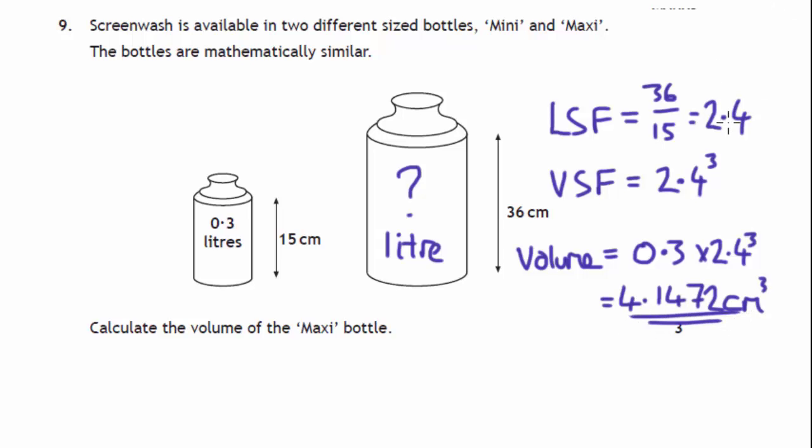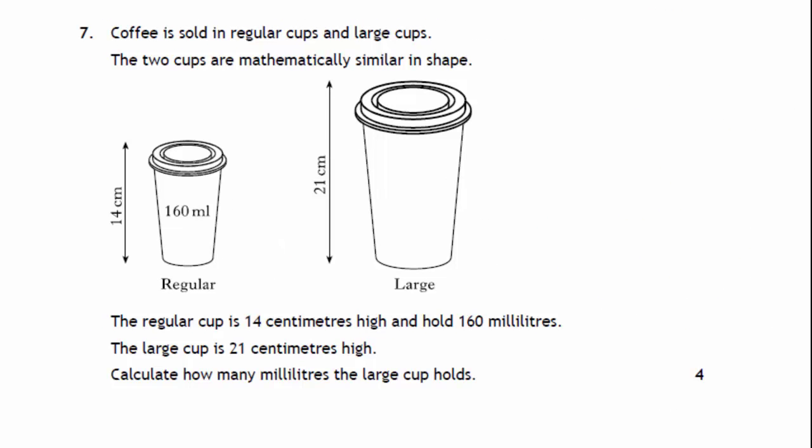You get your marks for working out the linear scale factor, one other mark for working out the volume scale factor, and your third mark for actually working out the volume. That's no different to the very last question.